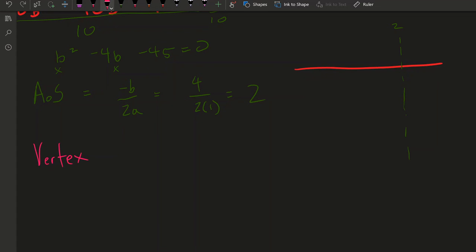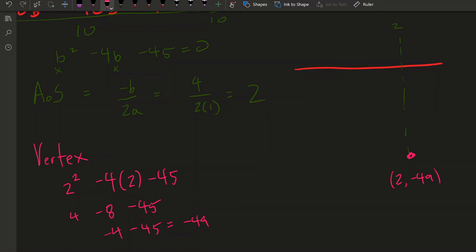The vertex is 2 squared minus 4 times 2 minus 45. That would be 4 minus 8 minus 45. 4 minus 8 is negative 4, minus 45 is negative 49. So that means that this point right here is (2, -49).